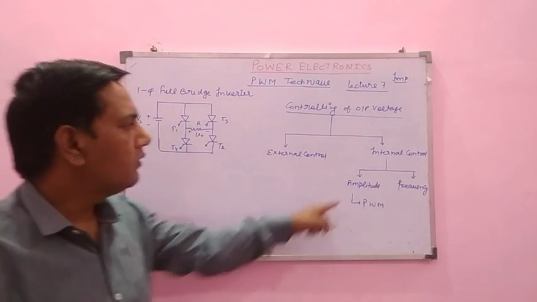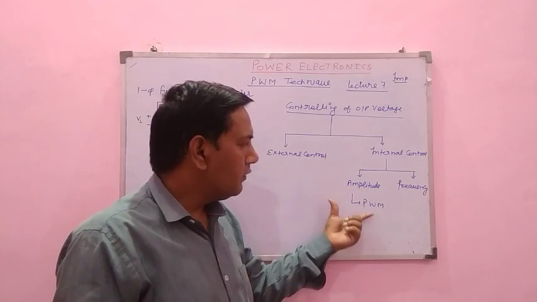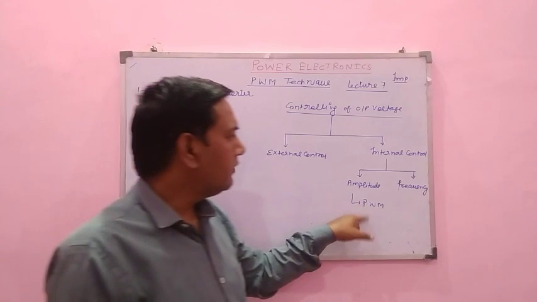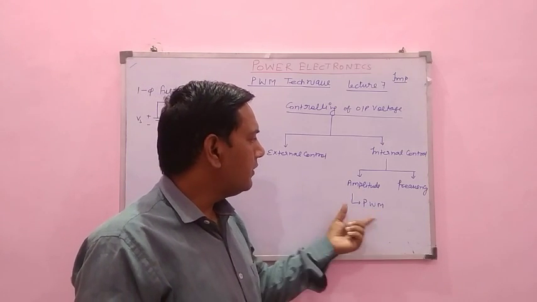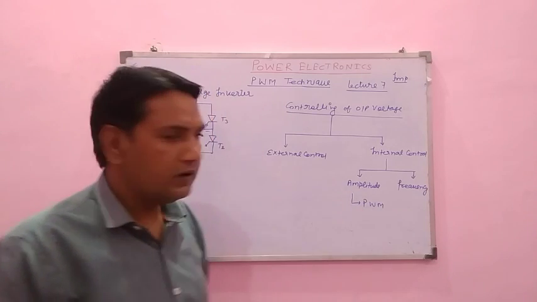The amplitude is controlled by the PWM technique. As discussed before, the amplitude is fixed and depends upon the DC supply voltage, which is fixed. Therefore, to control the amplitude, we have to apply the PWM technique, that is pulse width modulation technique.